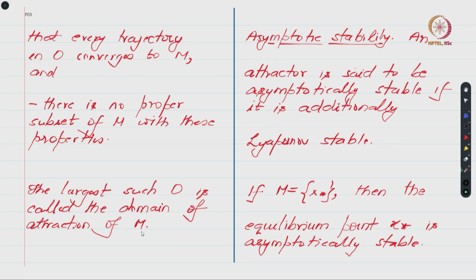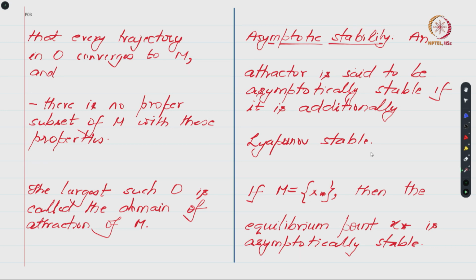The next concept that we need to understand is that of asymptotic stability. In other words, when would we say an attractor is asymptotically stable? An attractor is said to be asymptotically stable if it is additionally Lyapunov stable. Attractor means that it has a positively invariant neighborhood from where, if you start a solution trajectory, you go to this attractor M. We not only require that, we also require this Lyapunov stability.